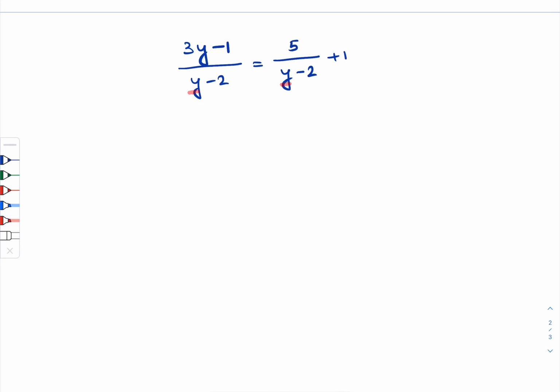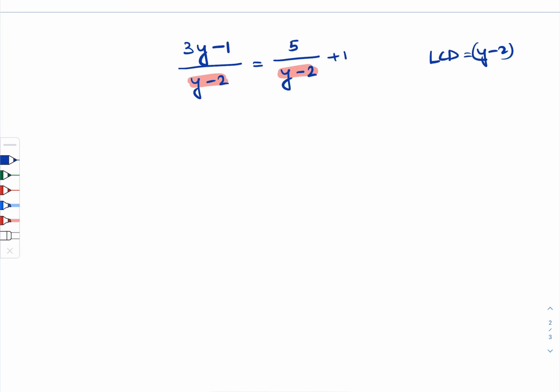So what do you do? Well, the key is to take this entire thing as one unit, okay? And luckily for us in this problem, there is no difference between this and this, so that is literally the LCD. So the LCD is equal to y minus 2.